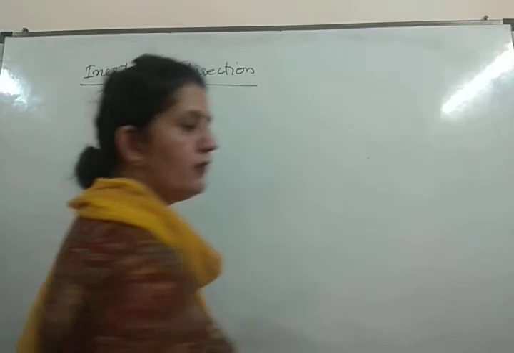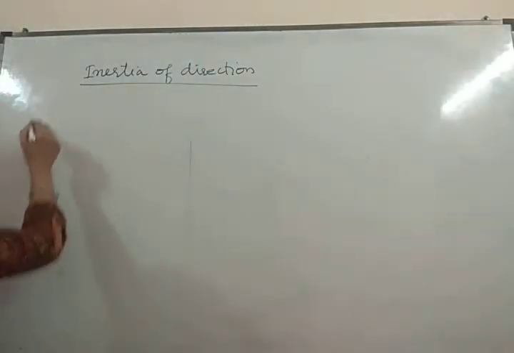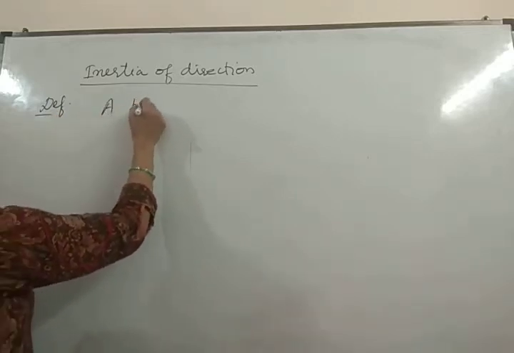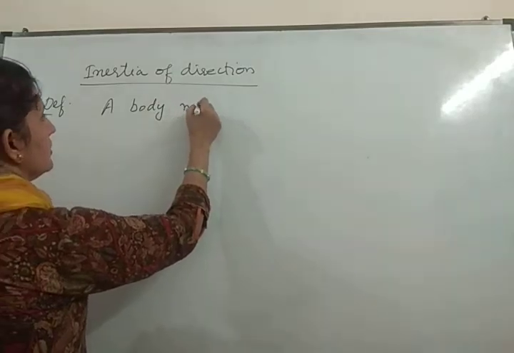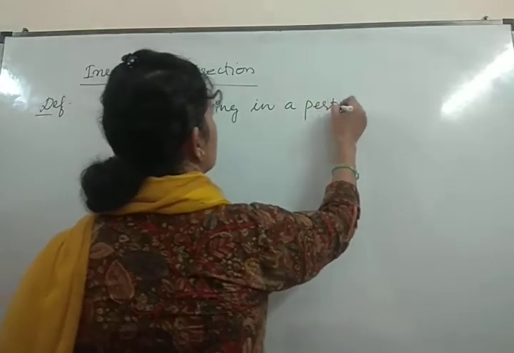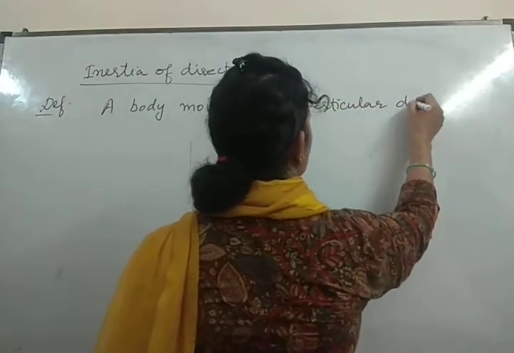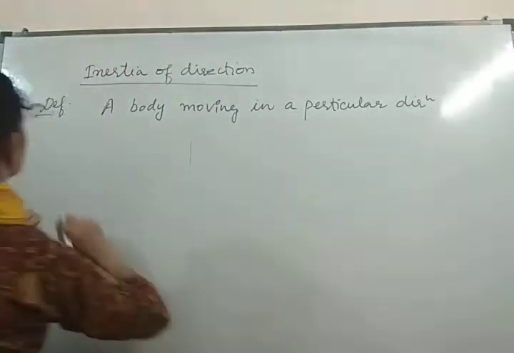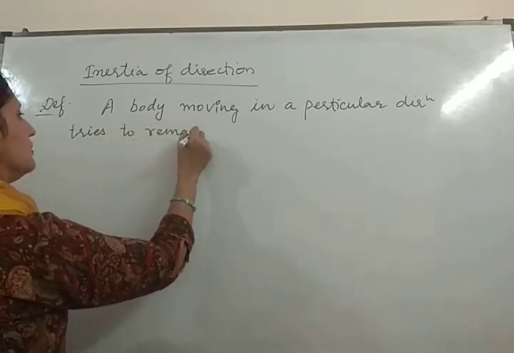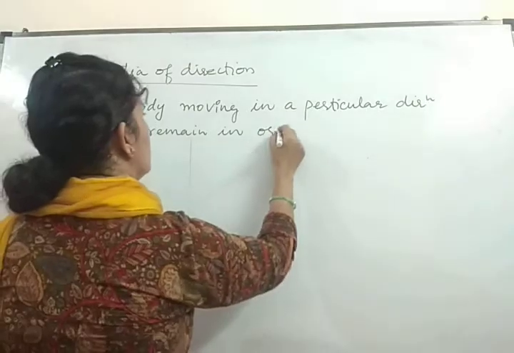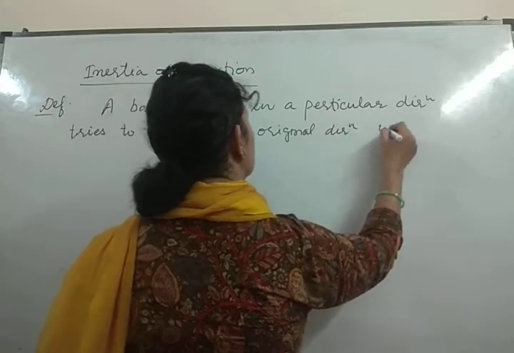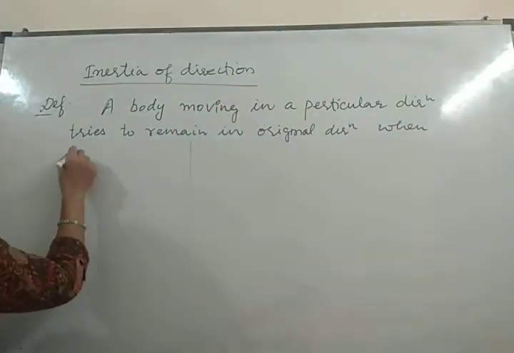First of all, write the definition of inertia of direction. According to the definition, a body moving in a particular direction tries to remain in its original direction when some force is applied on it.